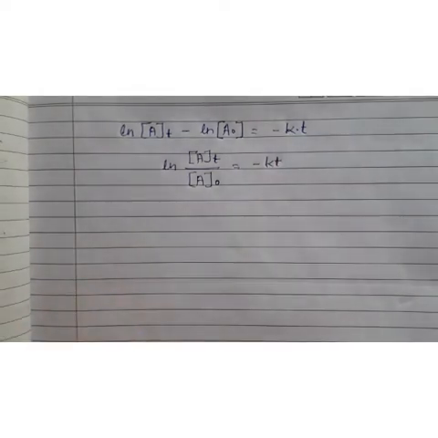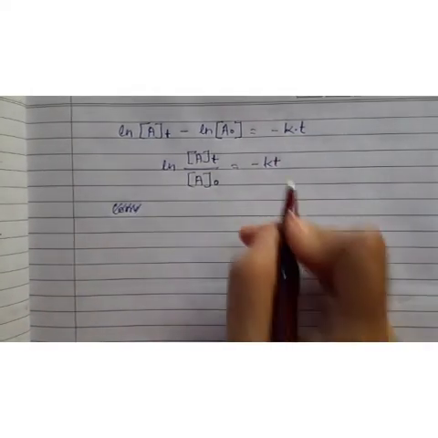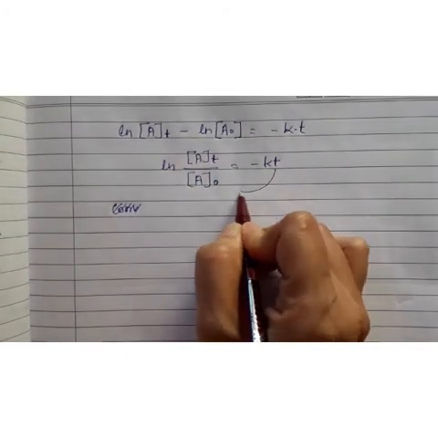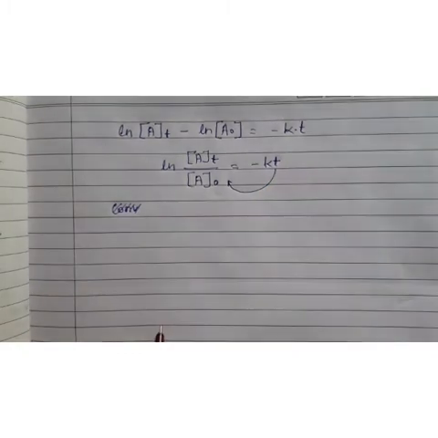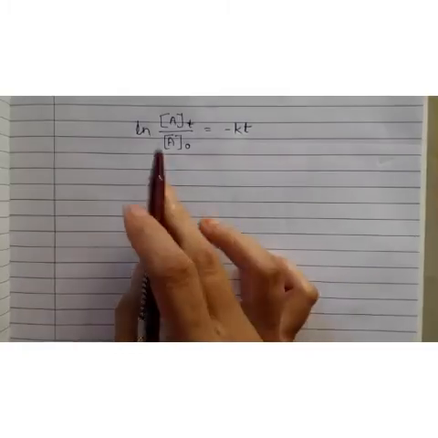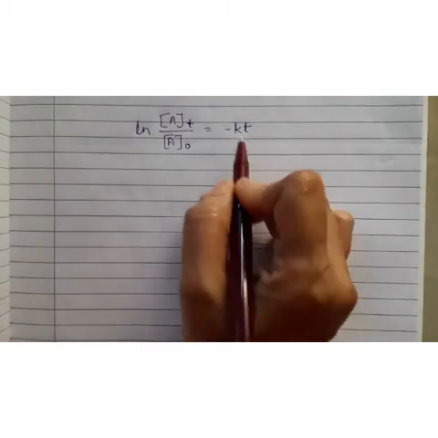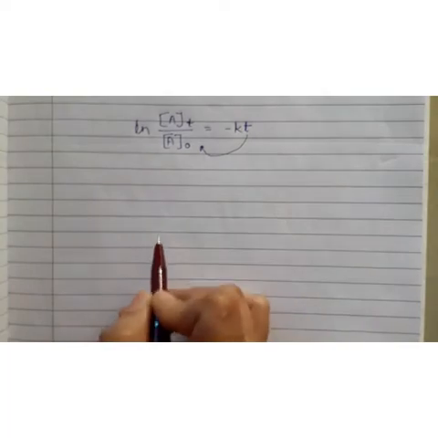Now let us rearrange this. This t is in multiplication, so we send it to the other side and it becomes 1 upon t. We have to remove this negative sign, so the denominator goes in the numerator, A0, and the numerator comes in the denominator, At.